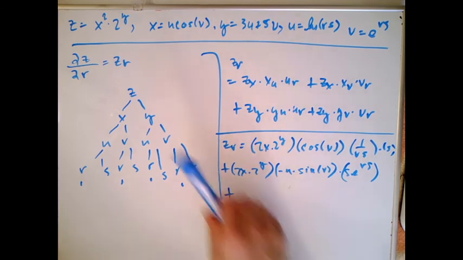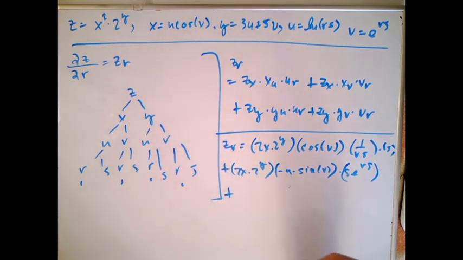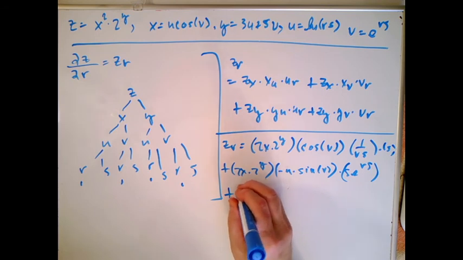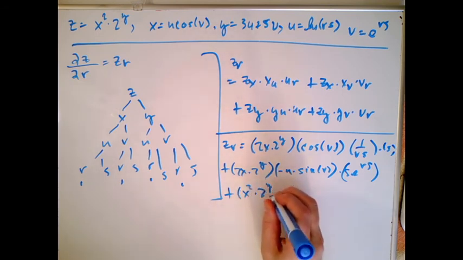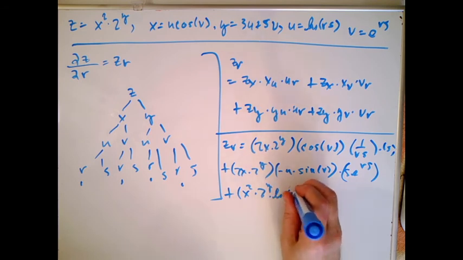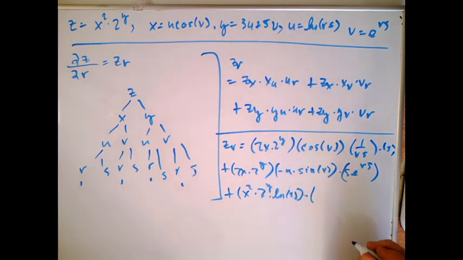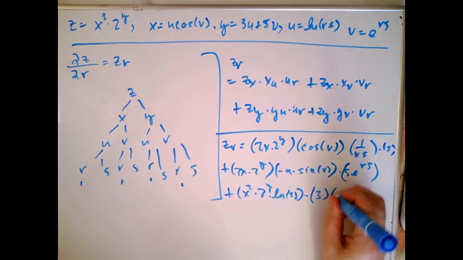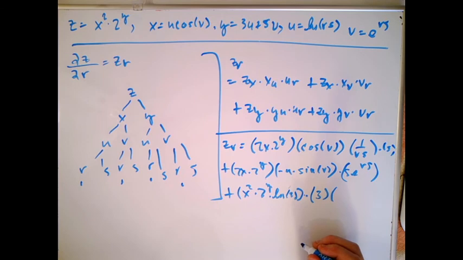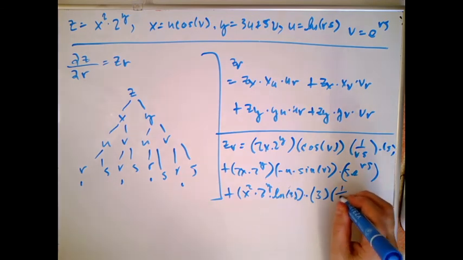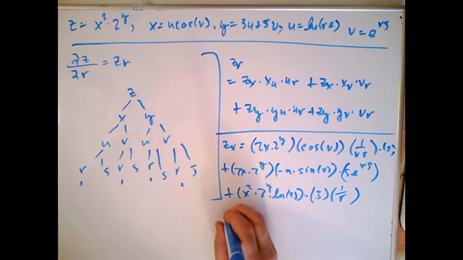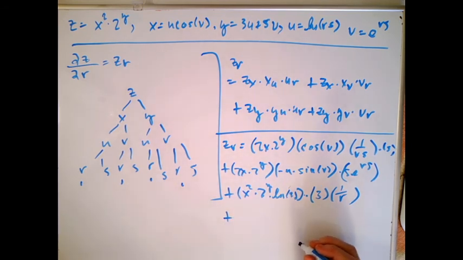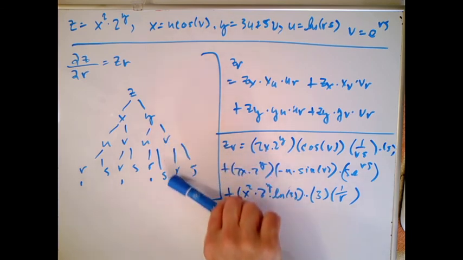The third path down the tree goes through y and u and r. Z_y is going to be x squared times 2 to the y ln 2 times, I now want y_u, which is just 3, and then I want u_r, which as before is just 1 over r, and that takes us down our third path down to r. Then we get finally our fourth path, which goes through y and v and r.